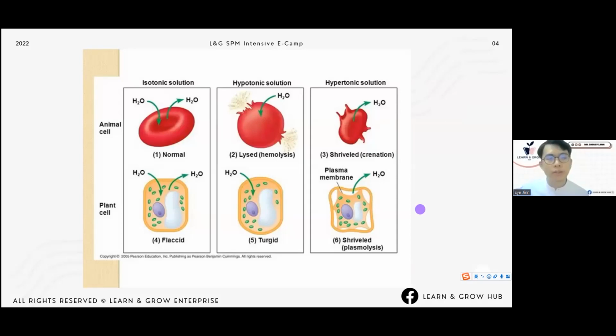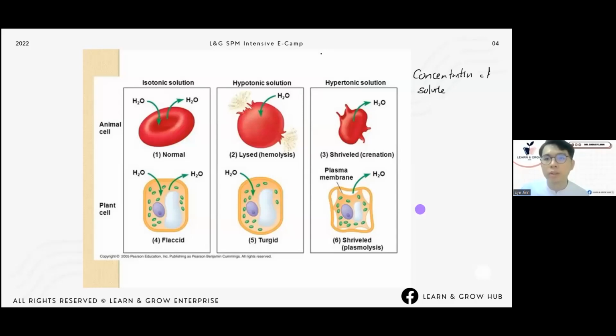For this diagram, it almost covers everything already. But what I want to emphasize is you need to know the concentration of solute and also the concentration of water. So this brings a new concept to us today. For this kind of substance, we have a new term called concentration of solute.